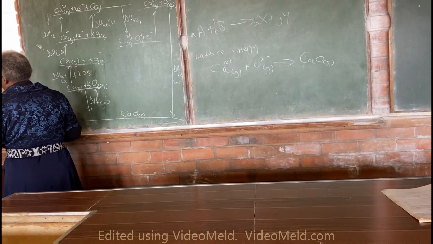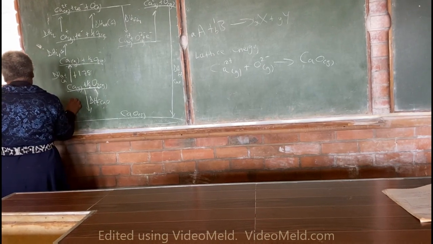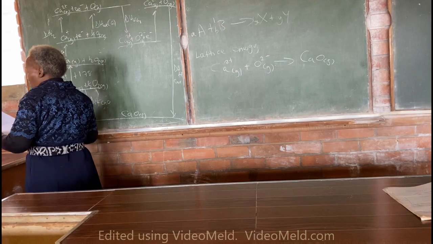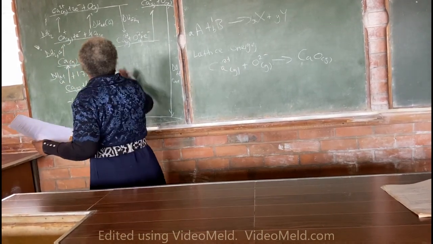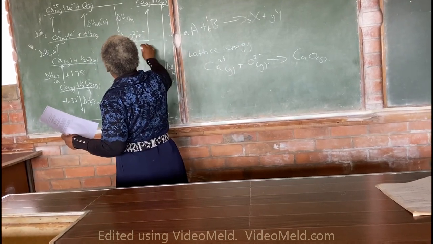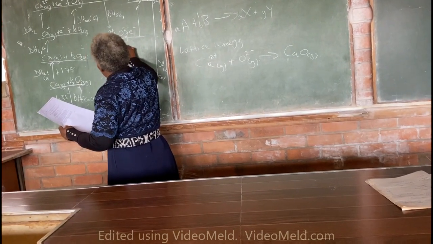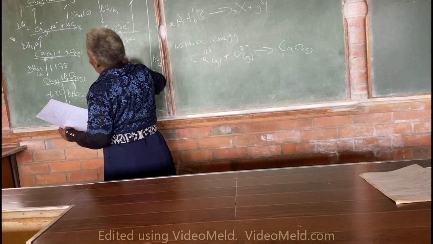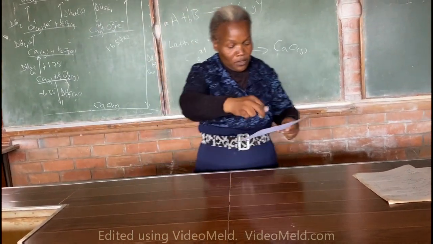And we are also given the enthalpy change of formation as minus 635 kilojoules. And we are also given the first and second electron affinities of oxygen. They are already combined, and there is plus 657 kilojoules per mole. That is what we are given.